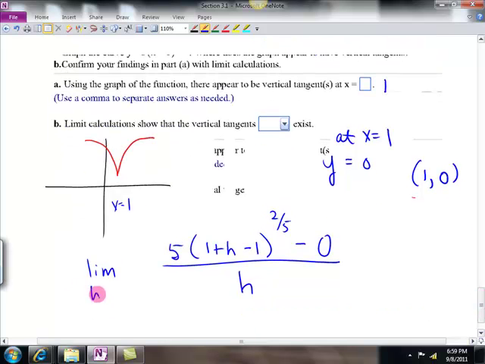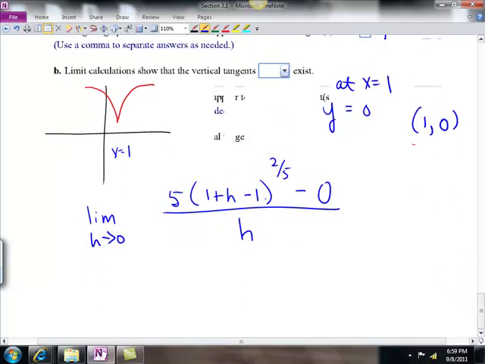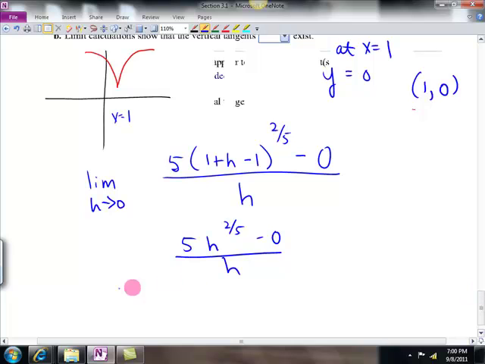Limit as h approaches 0. What do we do here? What happens here? Do I have 5h to the 2/5 minus 0 over h? Can we do that?